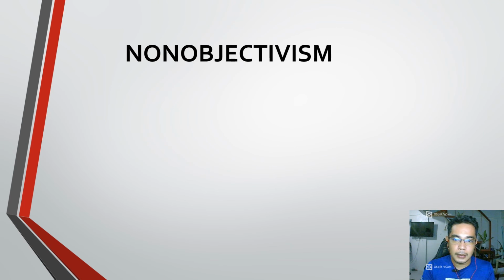Lastly, this is the last sub-movement under abstractionism. We have non-objectivism. Okay, so from the term itself, madali na nating intindihin. None, wala, none, zero. Okay, wala kang makikita na kahit anong object. From the term itself, madaling intindihin yan. Non-objectivism.